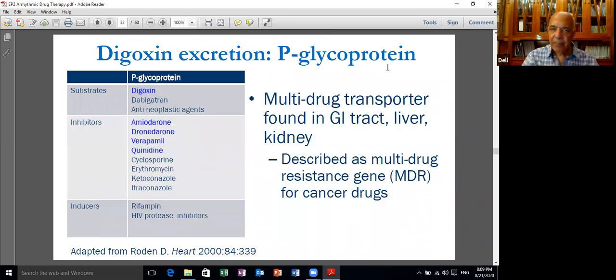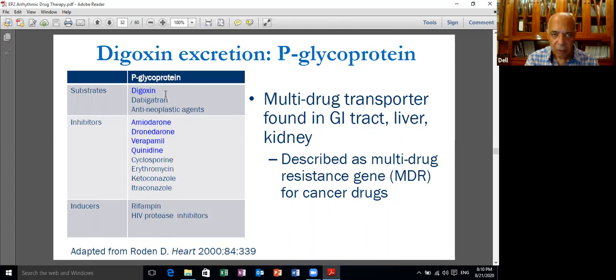Now, this is the P glycoprotein. As I said, this P glycoprotein is again present in the liver, gastrointestinal mucosa, as well as the kidney, not the lung. And these are the drugs which are metabolized by the P glycoprotein. For cardiology, we are concerned with digoxin and dabigatran. The enzyme was actually discovered for the application of antineoplastic agents.